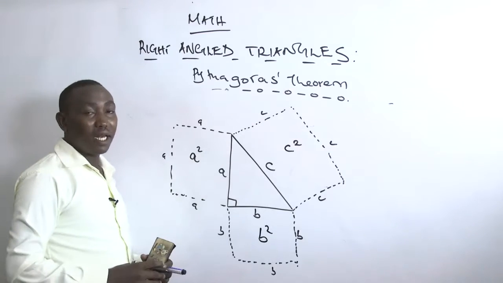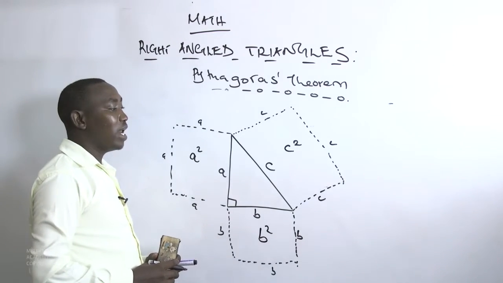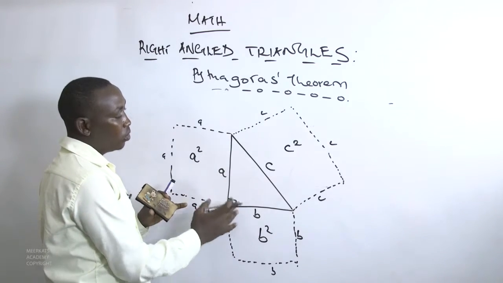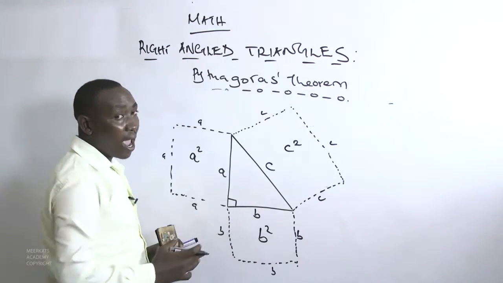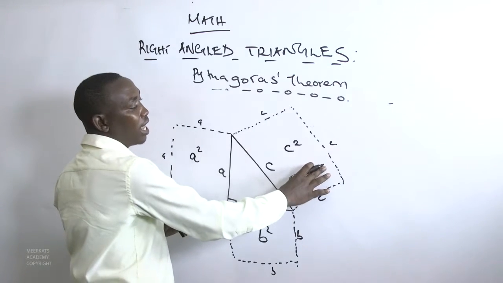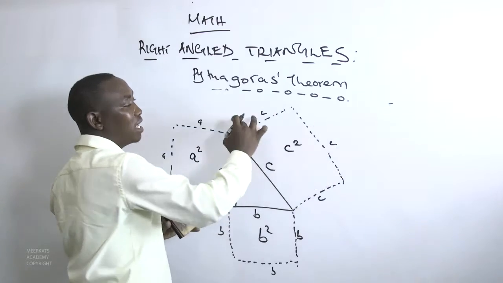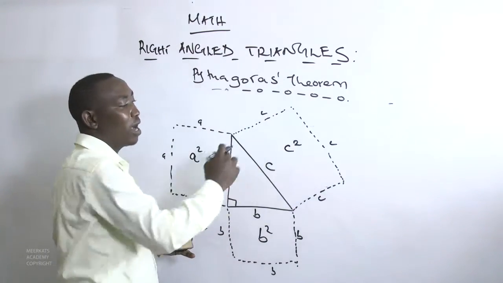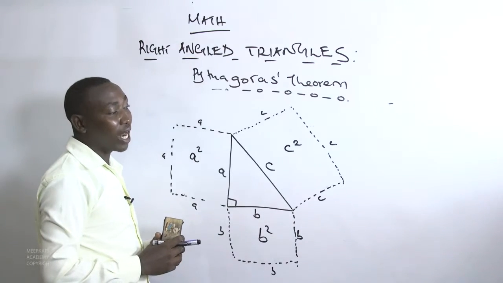Along the studies by the Pythagoreans, they discovered that the areas of these two squares end up being equal to the area of the larger square attached on the longer side of the triangle.